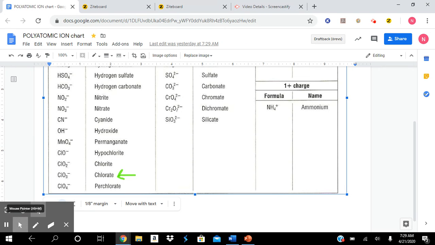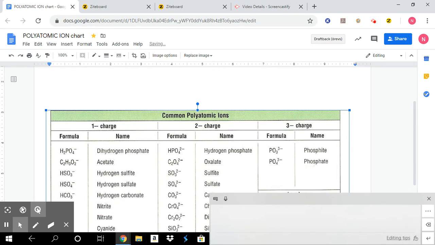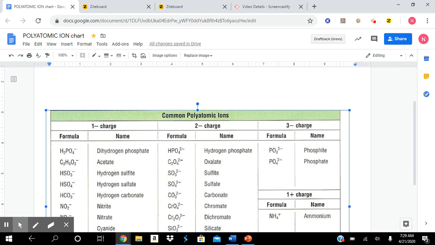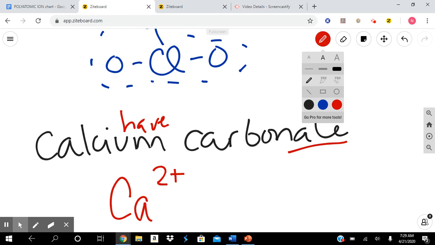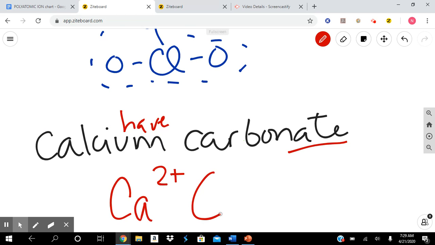All right, so carbonate is right here. Carbonate is CO3 and its charge is 2 minus. Okay, so I have CO3, that's carbonate, and its charge is 2 minus.